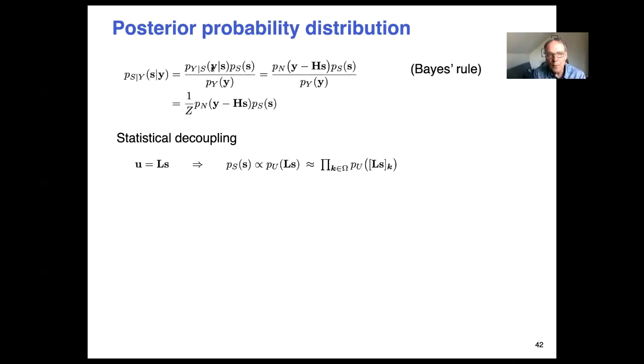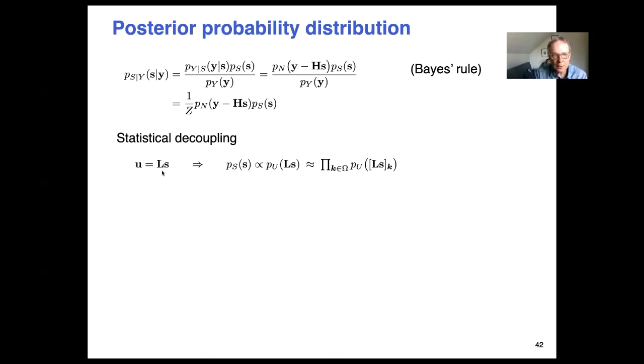Now, the probability of Y given the signal is actually the probability of the noise, because Y minus HS is exactly the noise, so we know it. Now we just need to specify the probability of the signal, and P(Y) is just the normalization factor. So we can write all this like that.